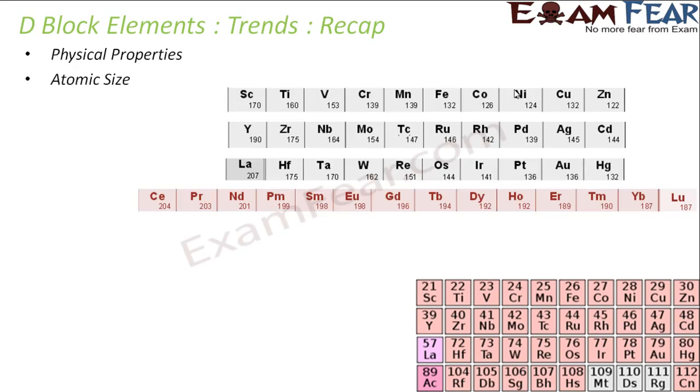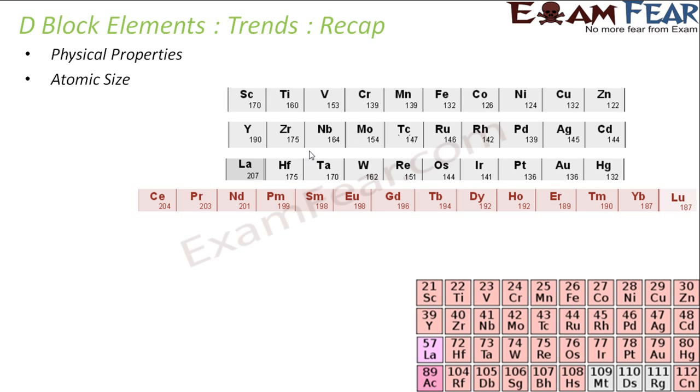Talk about the atomic size. The atomic size actually decreases as we go in the series, and if we go down the group, actually it increases, but due to lanthanide contraction we see that it is not followed from here to here. We have seen that there is a decrease in atomic size if you increase the atomic number in the same series, and lanthanide contraction takes place here.